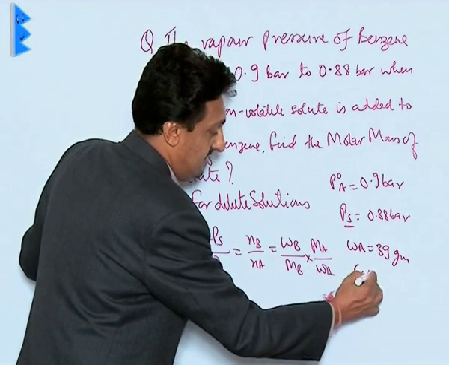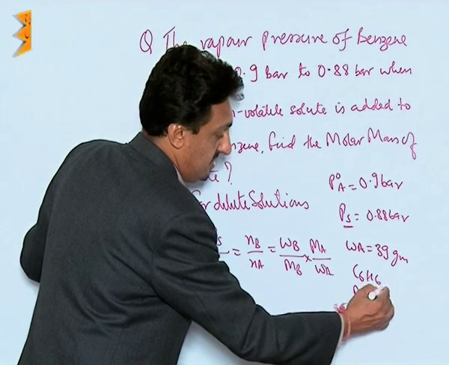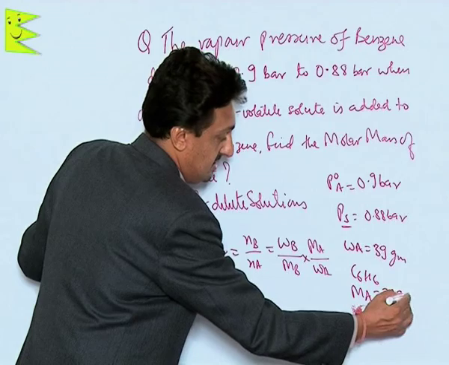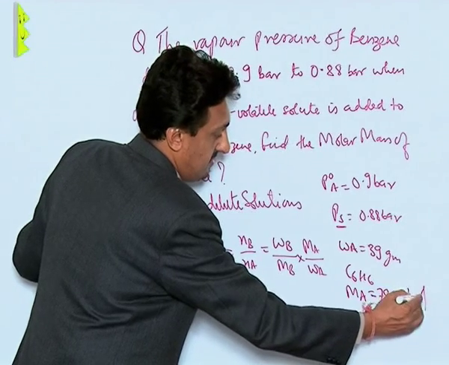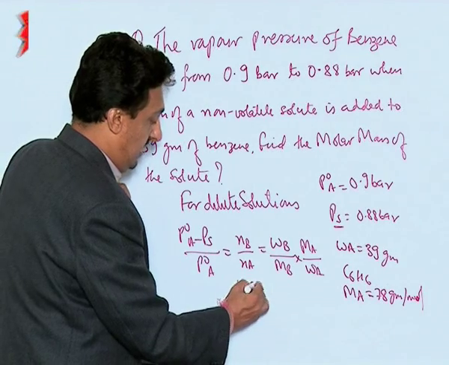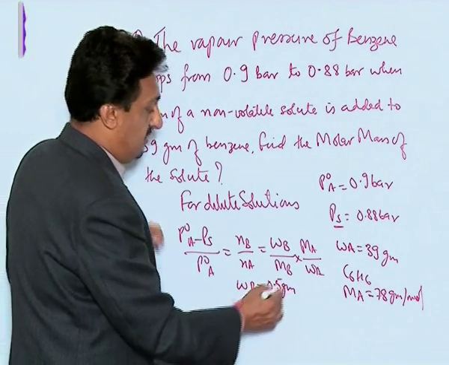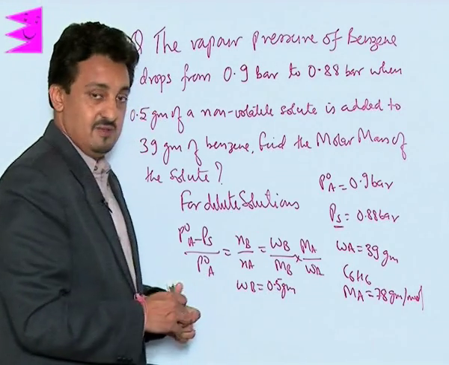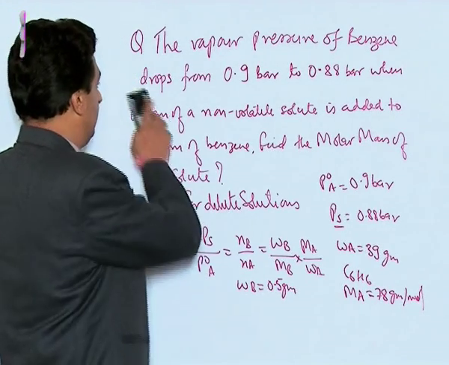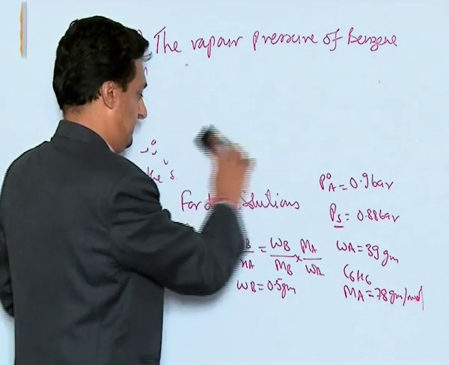Benzene, C6H6, has a molar mass of 78 grams per mole, and the weight of the solute given is 0.5 grams. We can use all this data in the formula.